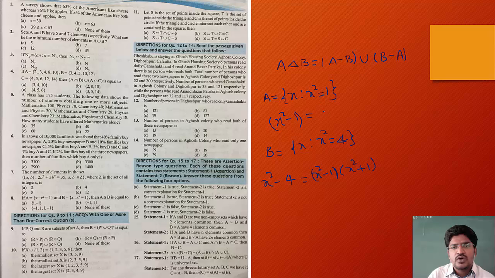So, if you go through this, you are going to have x equal to 1 and x equal to minus 1. If you simplify this again, you are going to have x equal to 1, x equal to minus 1. If you simplify the other factor, you are going to have x equal to minus i and x equal to plus i.